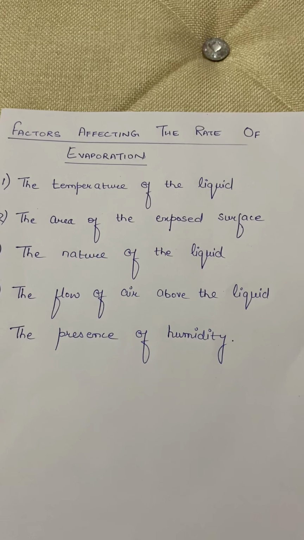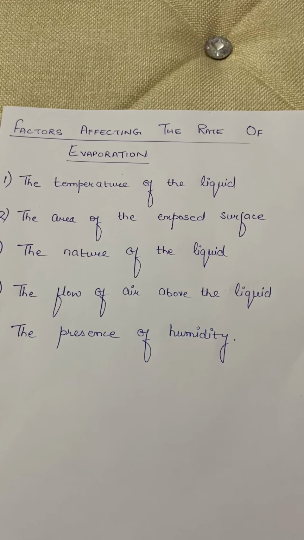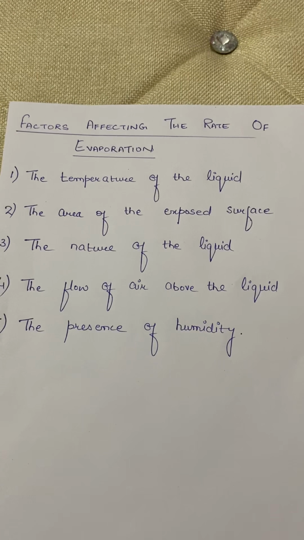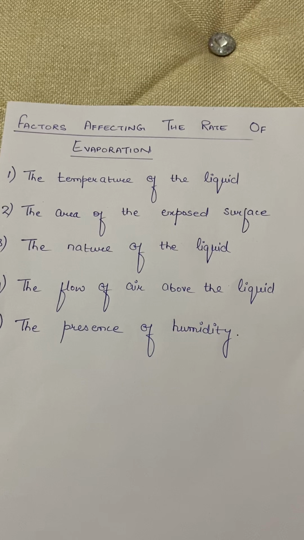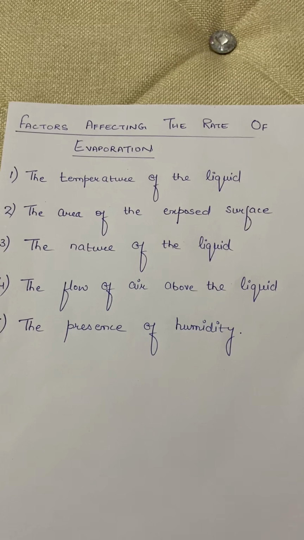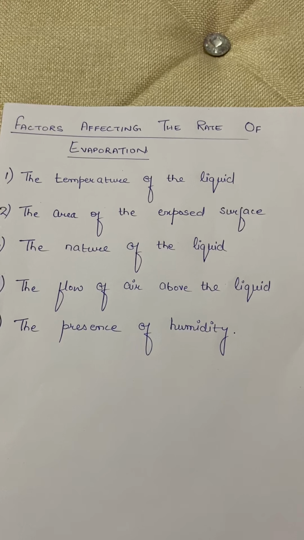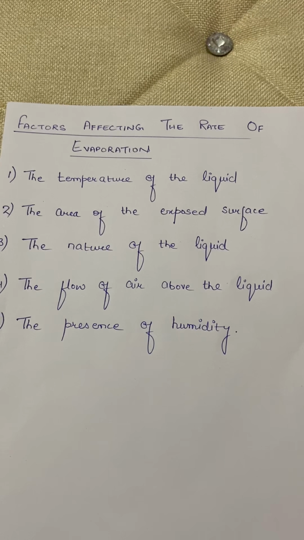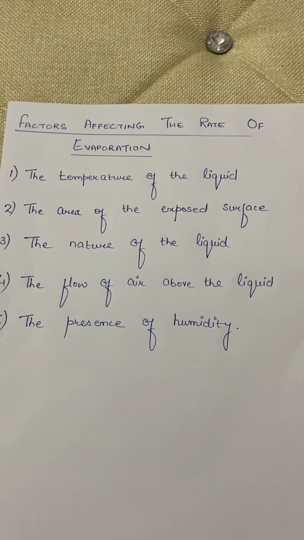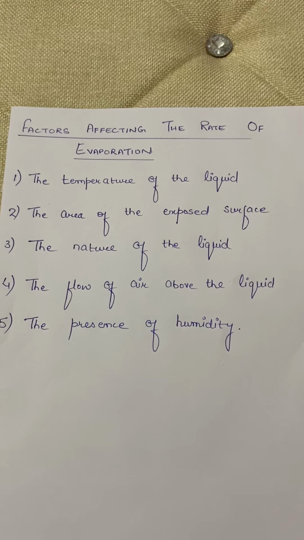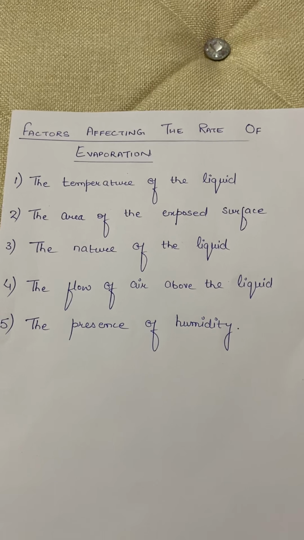A wet cloth dries up on a hot day much faster than on a cold day, when the temperature of the surrounding is low. So the rate of evaporation is higher if the temperature of the liquid is high, or simply the rate of evaporation is higher when the temperature of the surrounding is more.